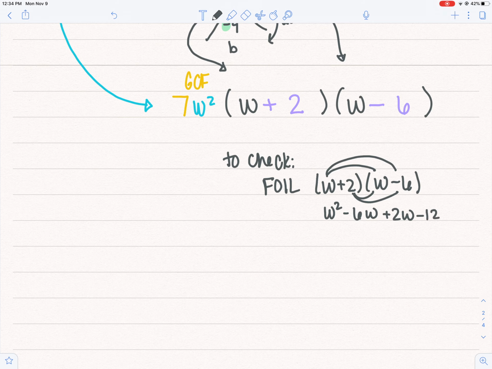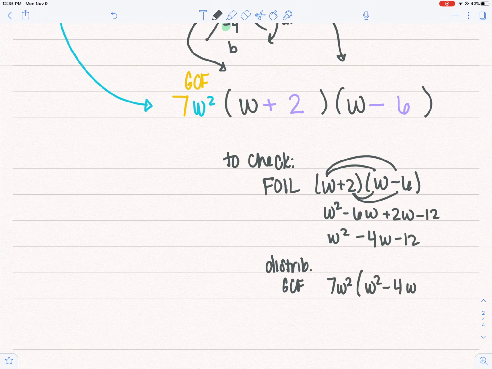So I FOILed that. Go ahead and combine like terms. And then I would have to distribute the GCF. This one is a little weird because it does have that 7w squared outside. So I would have to distribute that to the part I just FOILed, which would give me 7w to the 4th. 7 times negative 4w would give me negative 28w to the 3rd.